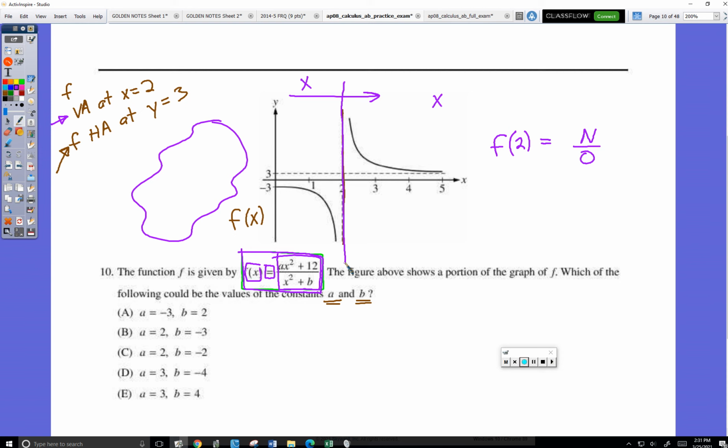So how do you make this formula for f end up being a number divided by 0 when the x value is 2? That's what this is saying.